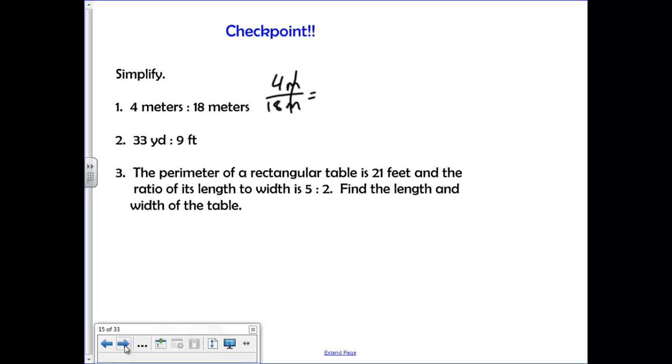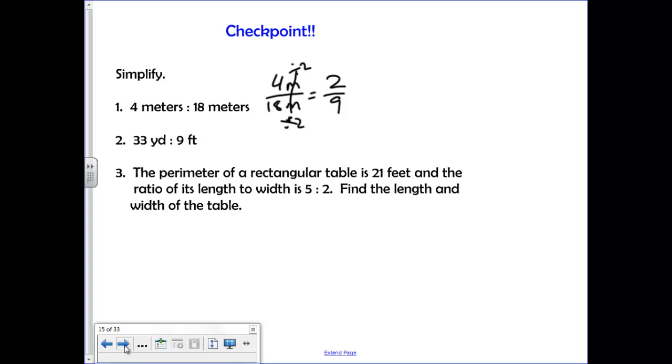So my meters are just going to cancel. 4 over 18, how's it simplify? 2 over 9. How'd you get 2 over 9, Haley? Divide by 2. 4 divided by 2 is 2. 18 divided by 2 gives me 9. It's as simple as it goes. You type in your calculator, you get the same thing.